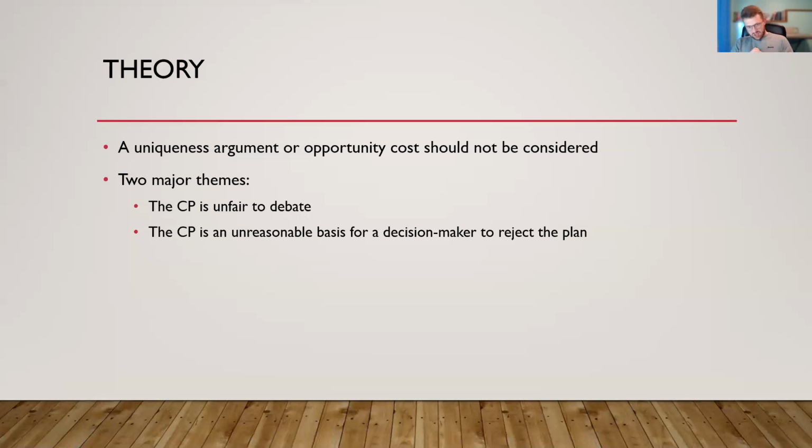So all of those things, you can reject them because they're an unreasonable basis for a decision maker to reject the plan. So if you are the US and you are thinking, should the US federal government do water protection?